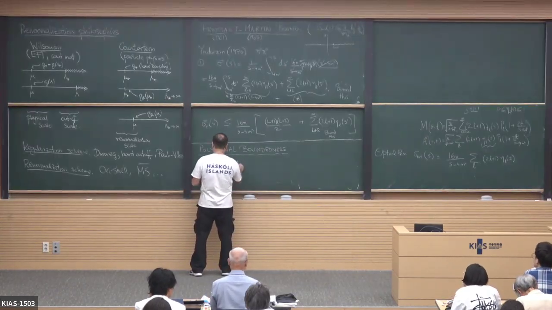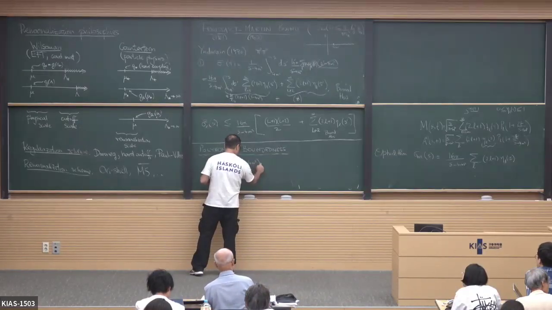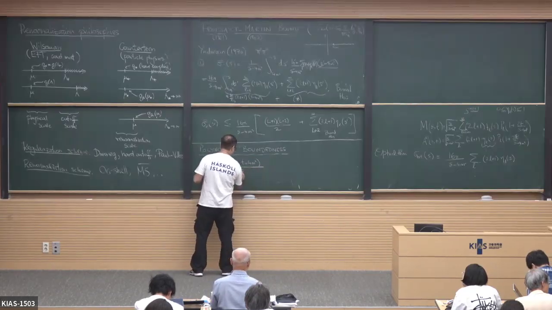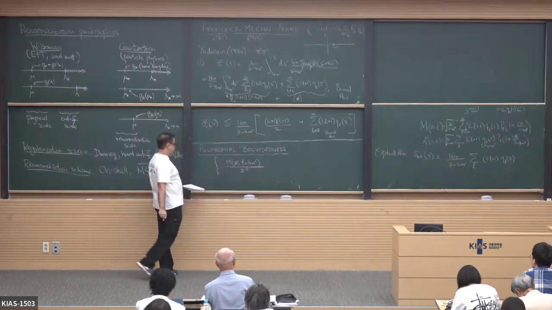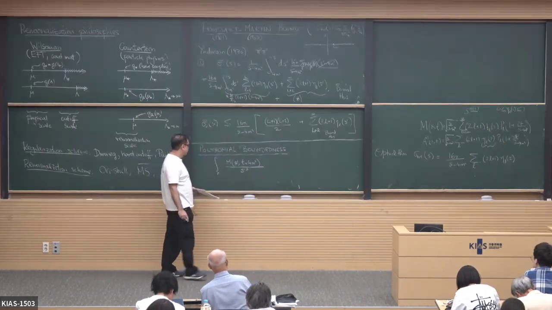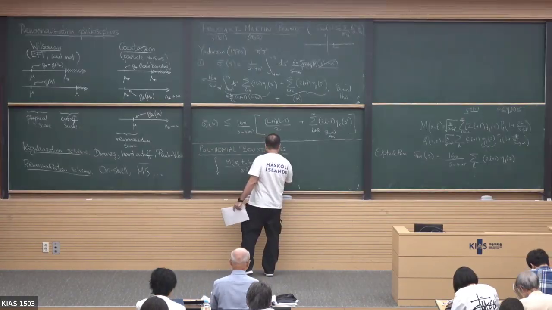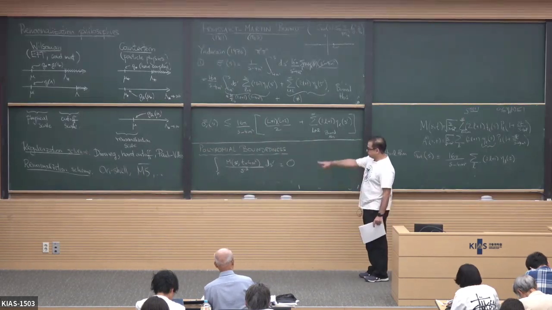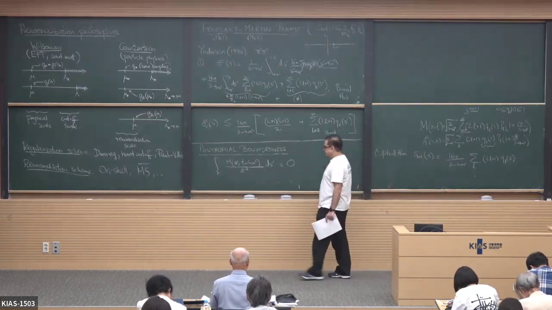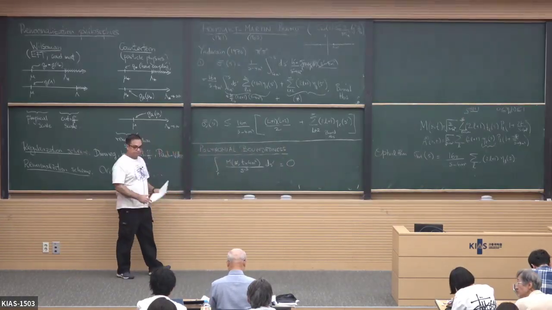Let's call it S prime. So this is a large circle at infinity. So this is in the complex plane in the S prime variable. So the polynomial boundedness is a criterion that enables us to consider this integral on the large circle at infinity and say that this is equal to 0.